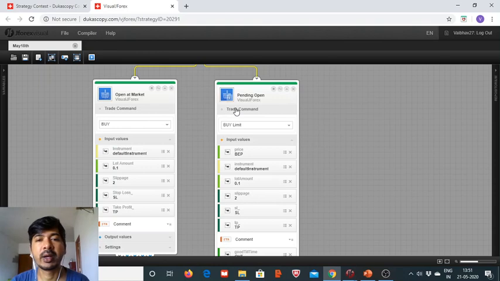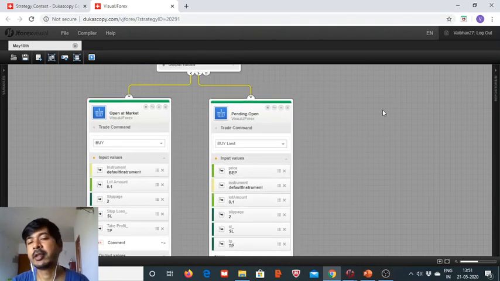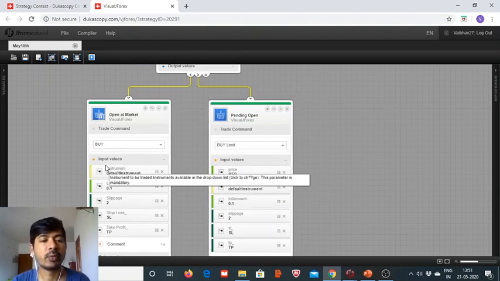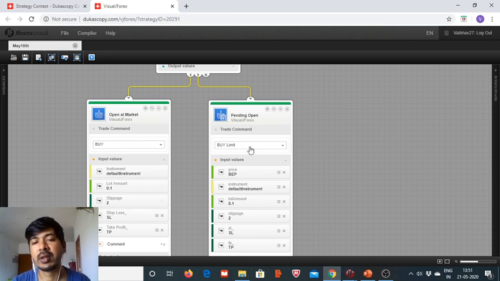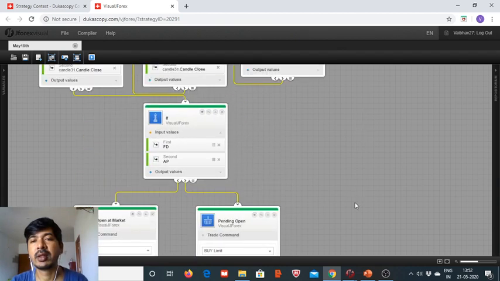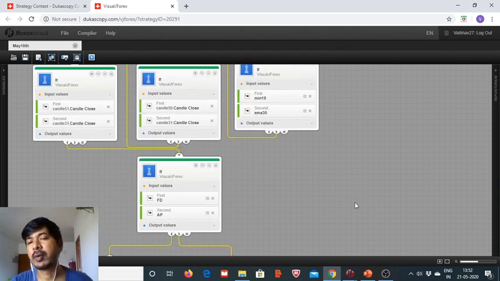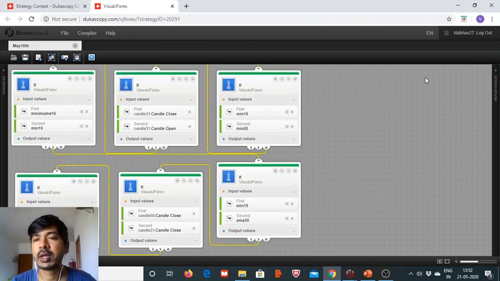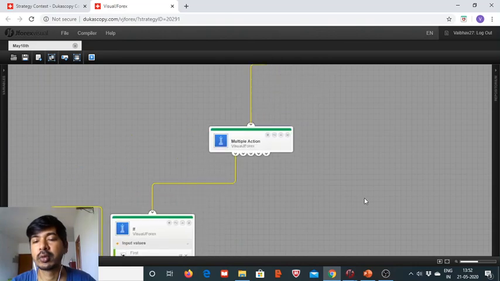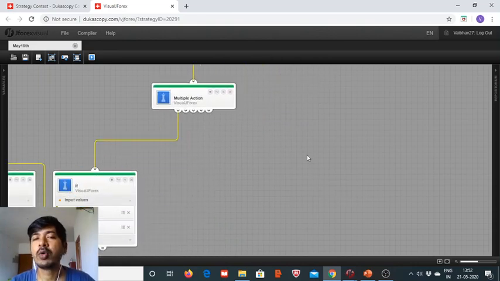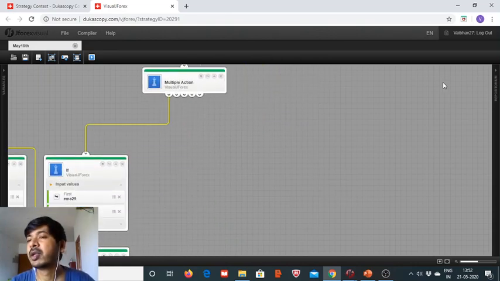One is open at market, one is pending open, depending on where the last hour's candle has closed. If it is within the price band, then we will go for a market open. If it is beyond the price band, then we will go for a pending open, where the price is just a little above the minimum value, 5% of the ATR, and that is being done to make sure that we are actually buying closest to the minimum value of the bearish fractal.